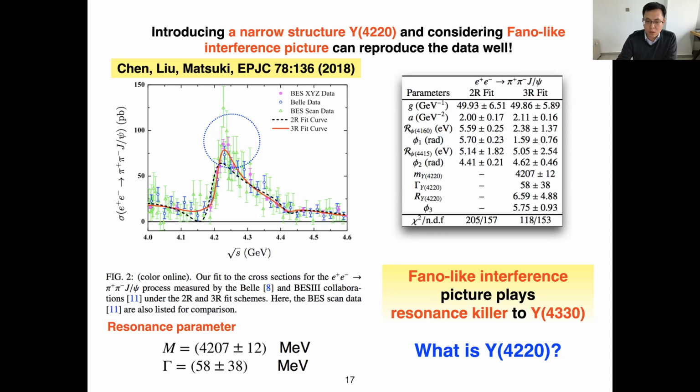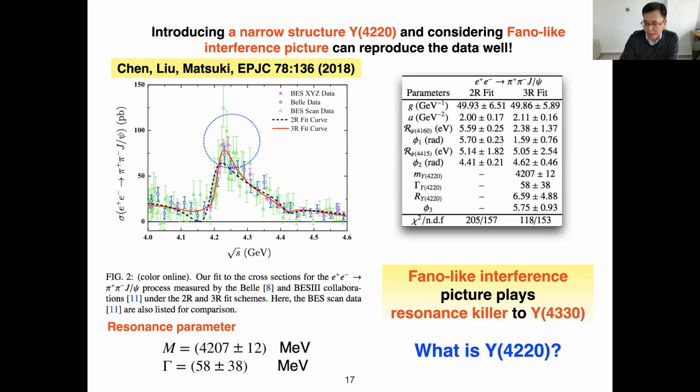It means that we have to introduce a new structure Y(4220) to describe the detailed data around 4.2 GeV. When we introduce the new structure here, we found that we can describe the data, and we can also find that the Y(4330) can be killed.